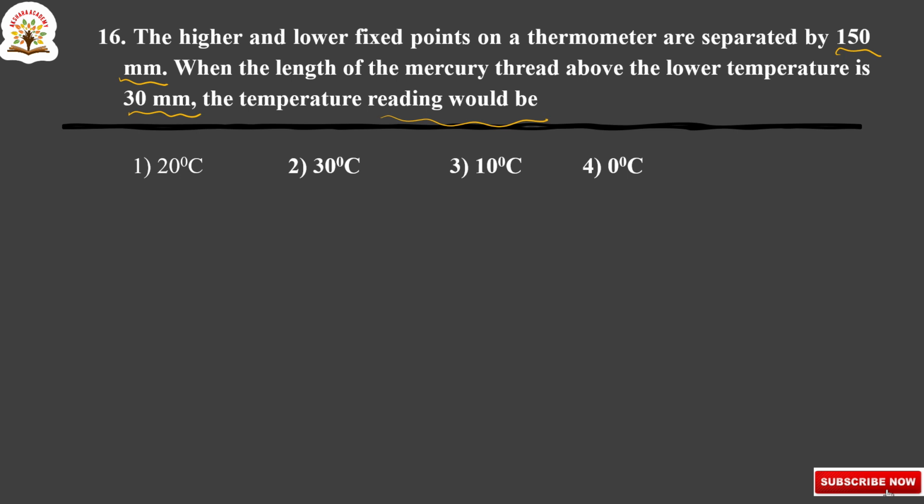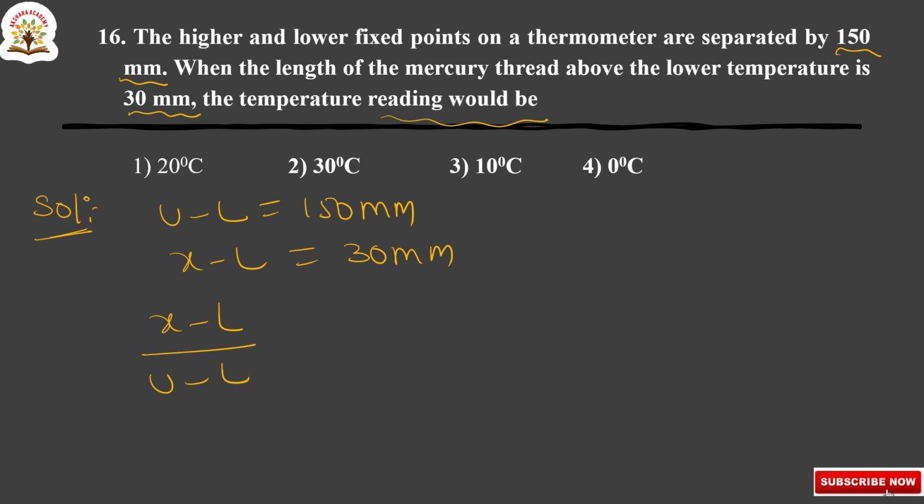Let us go to the solution. Here they have given U minus L is equals to 150 millimeter, and X minus L is given as 30 millimeter. So (X minus L) by (U minus L) is equals to C by 100.